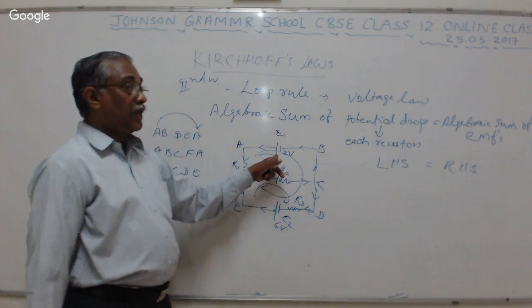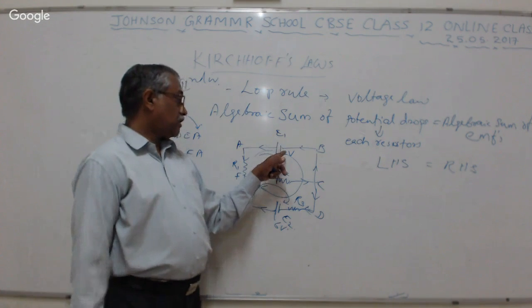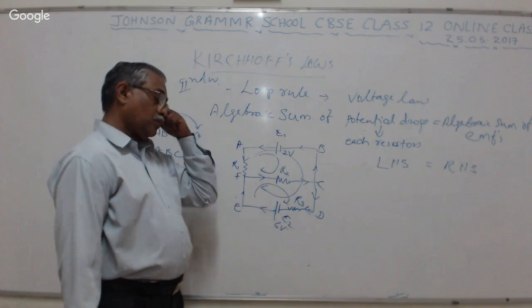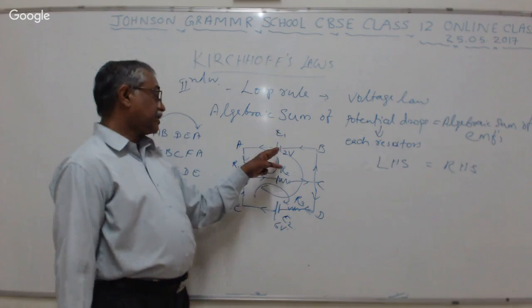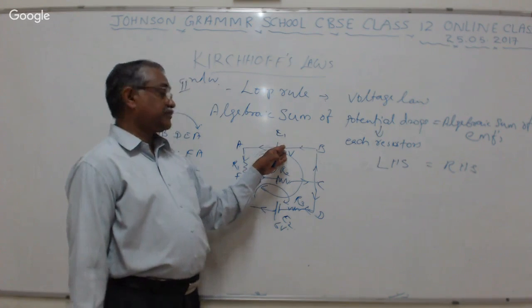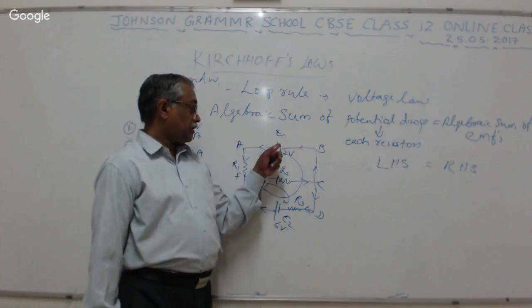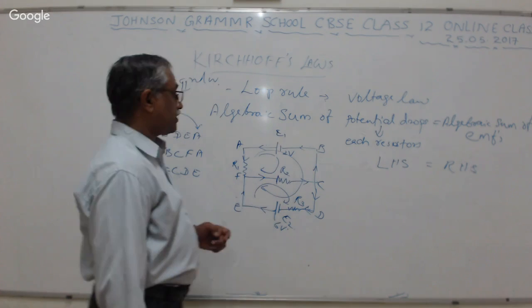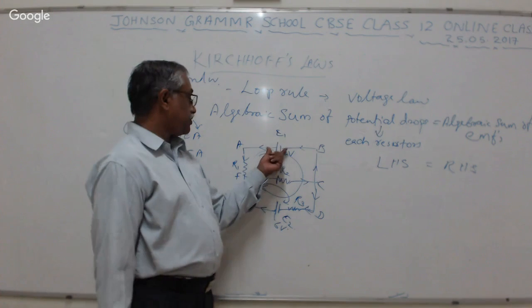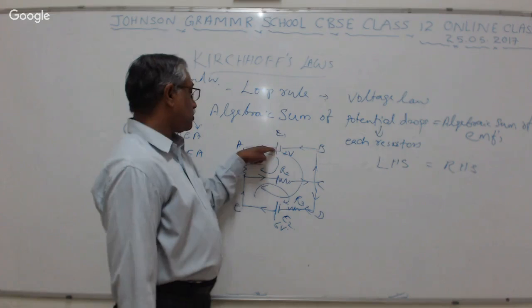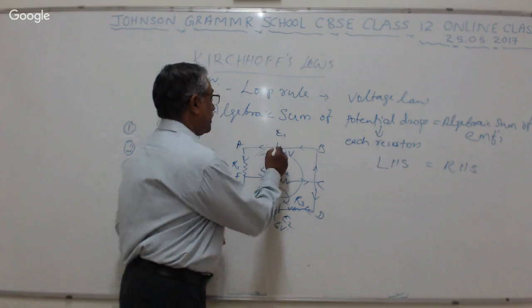When you are entering a cell through the negative terminal, you give it a positive value because it is coming out through the positive direction.